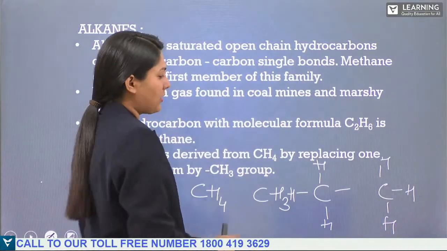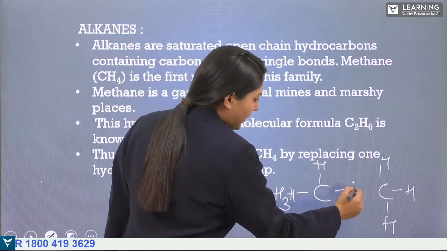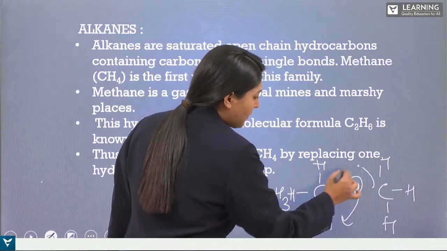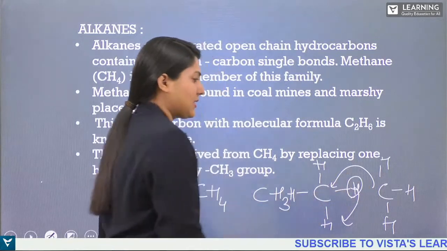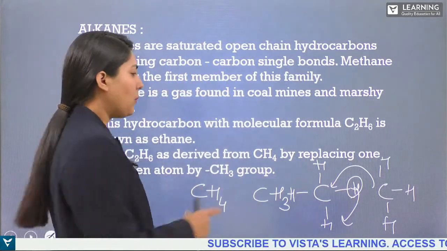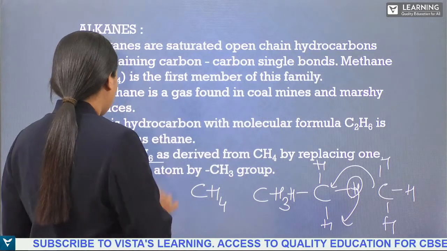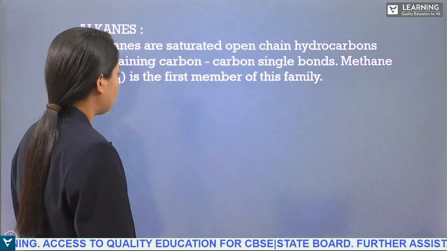So what we do here is that this CH3, this CH3, here 1 hydrogen is there. We just remove this hydrogen and this carbon comes and attacks this. So we get C2H6. 2 methyl groups combine together to form this ethane.